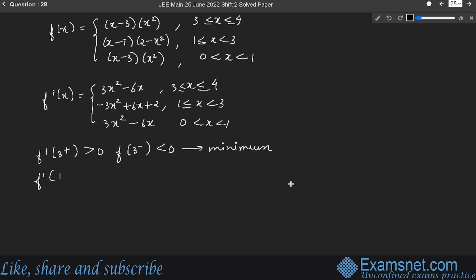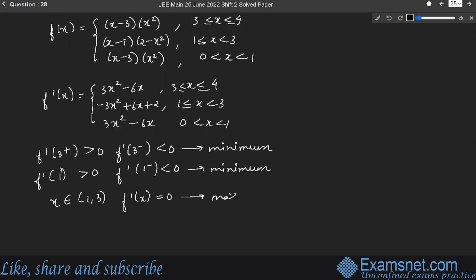And f dash 1 plus will be greater than 0. F dash 1 minus will be less than 0. It is also minimum. Now, x belongs to (1, 3) and f dash x is equal to 0 at one point, which is maximum.